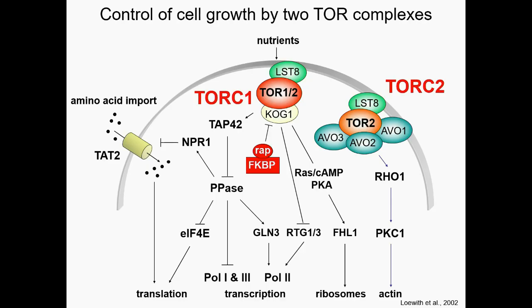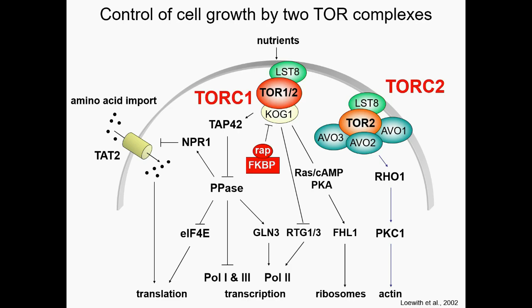TOR1 can assemble only into one of the two branches. And we also learned at this stage that rapamycin inhibits only this branch because rapamycin FKBP can bind to this complex but not to this complex. And why it can bind here but not here, I will tell you shortly. Okay, so you have to keep paying attention.